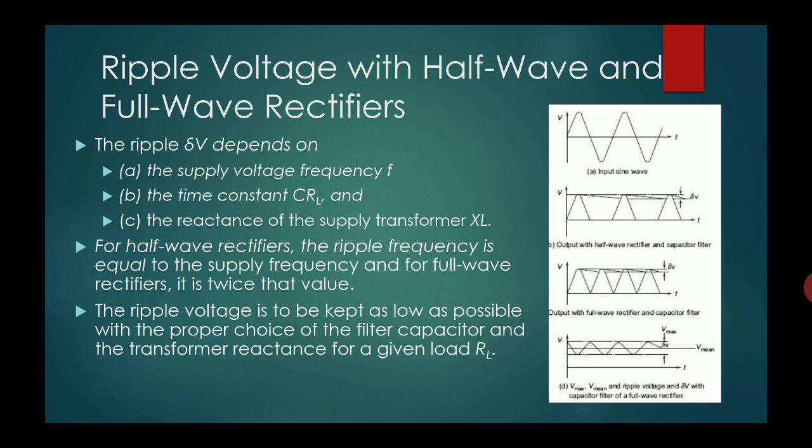Okay, the ripple frequency of the half wave rectifier is the AC frequency of the supply, but the ripple frequency of the full wave rectifier is double the AC frequency of the supply.